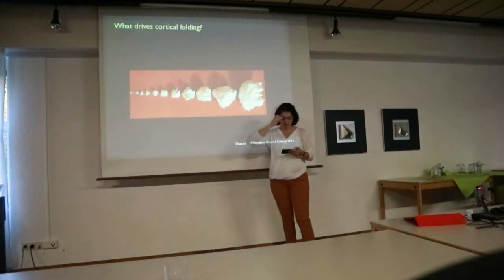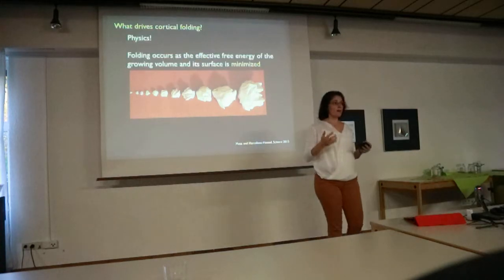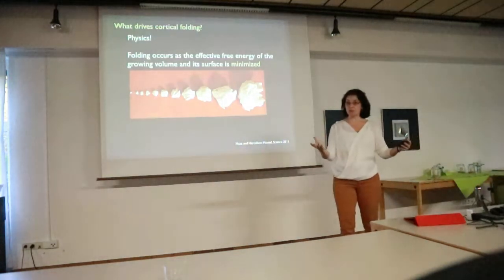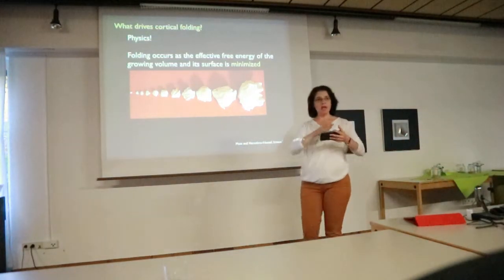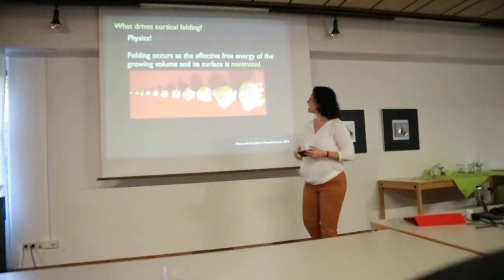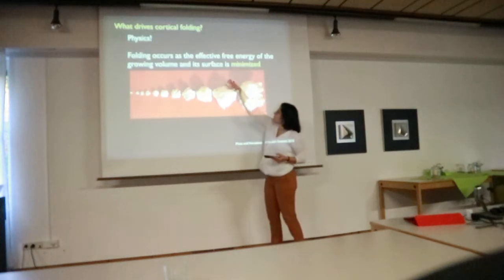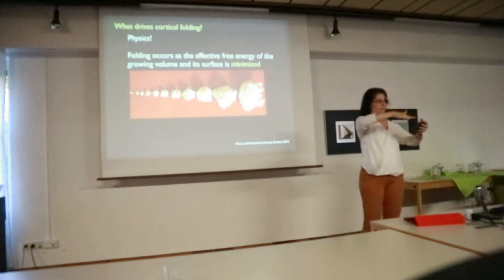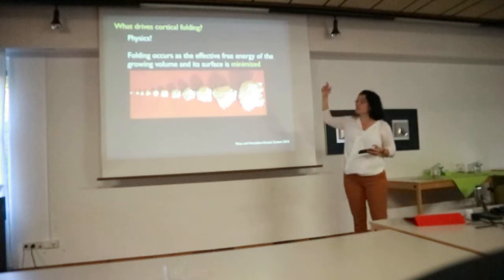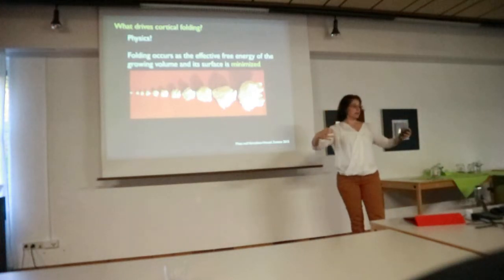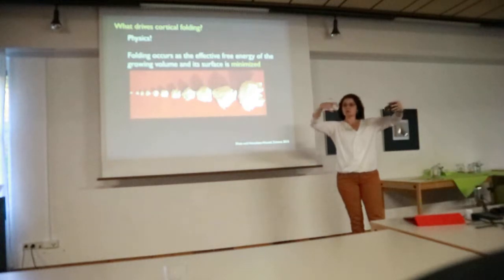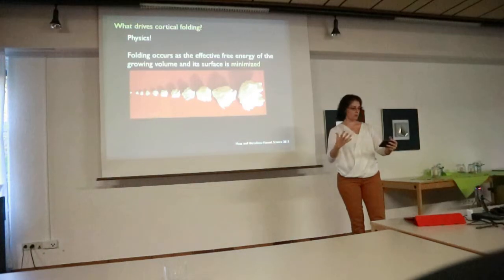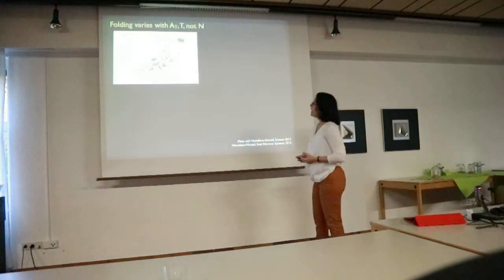So what we have proposed is that cortical folding is driven by pure physics, by simple energetics of a structure that happens to be biological, but it's still a structure that has a certain surface area and a certain thickness. And folding occurs as the effective free energy of that growing volume with a self-avoiding surface is minimized. So at each point in development, that growing volume settles in the conformation that is the most energetically favorable. So it will just do that naturally.